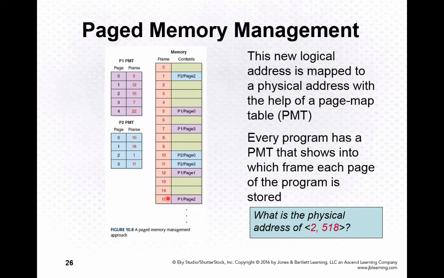So 15 times 1024 is 15,360. And if I add 518, then yes, that memory address corresponds to physical memory address 15,878. Yay. Way down here at the end of your address space.